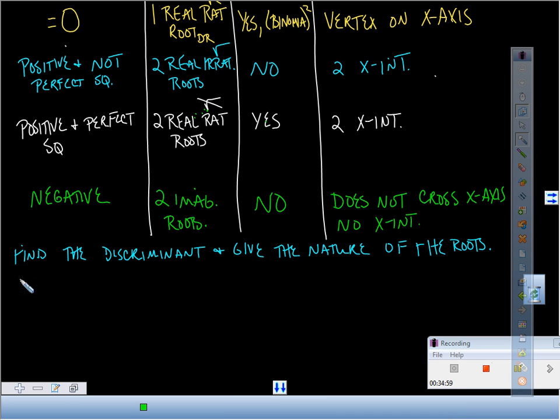Okay, so here's the first problem. A, x squared minus 8x plus 17 equals 0. You got 2 minutes, people. You tell me what the discriminant is and tell me the nature of the roots. You can use a calculator if you want to.